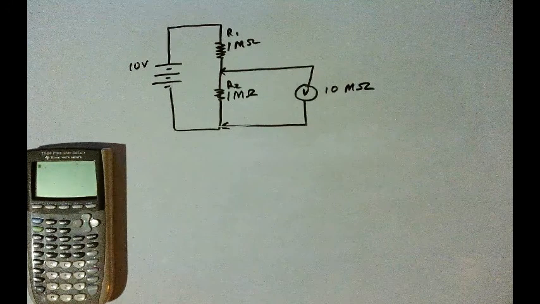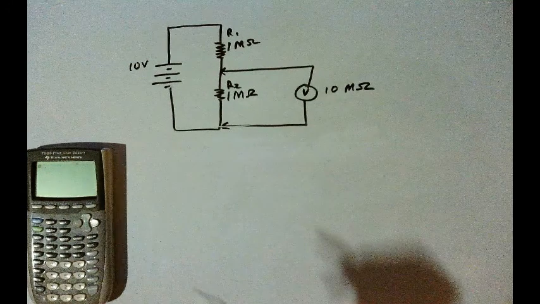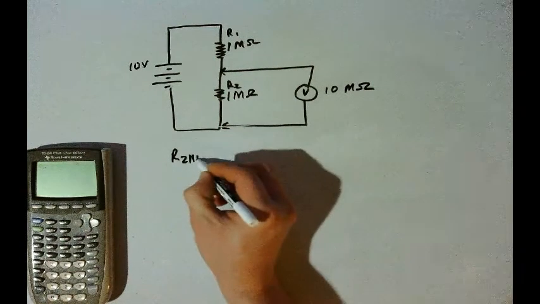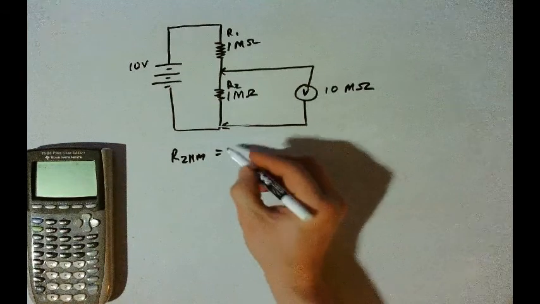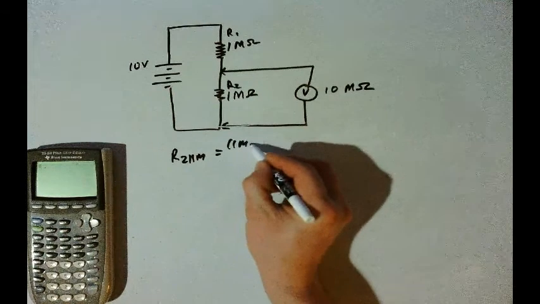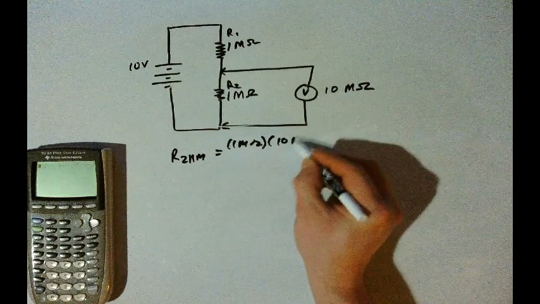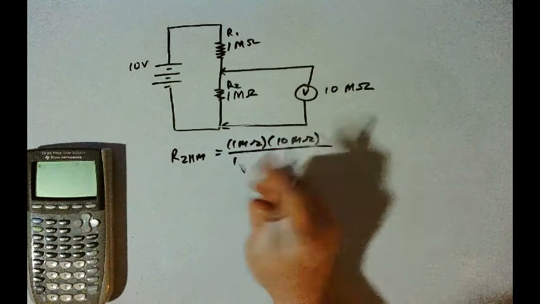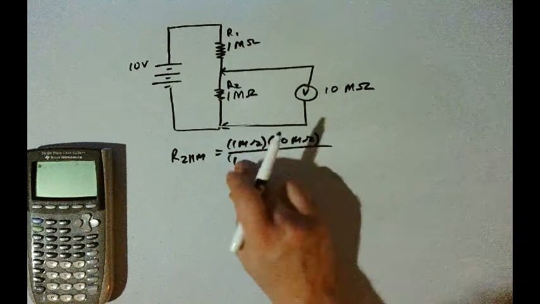We'll start by finding the resistance of R2 in parallel with the voltmeter. And I'll use product over sum. That'll be 1 mega ohm times 10 mega ohms, divided by 1 mega ohm plus 10 mega ohms.